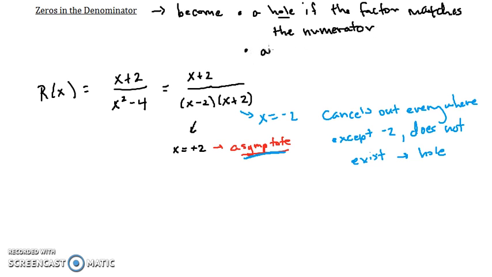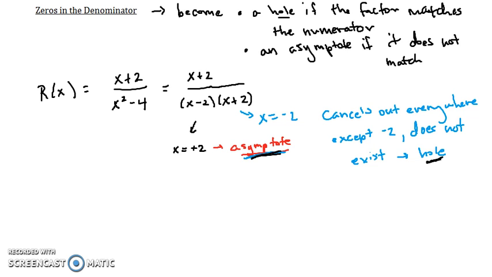And it becomes an asymptote if it does not match. So if it does have a match, it becomes a hole. If it does not have a match, it becomes an asymptote, and it has to match exactly.